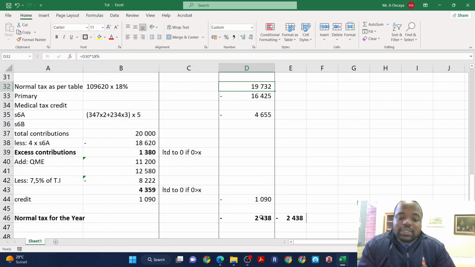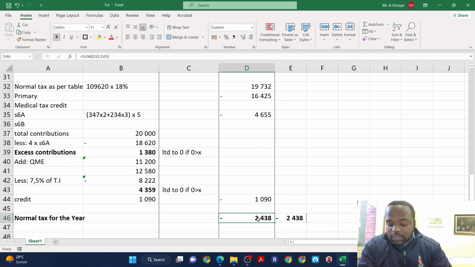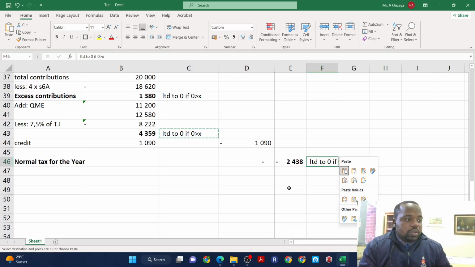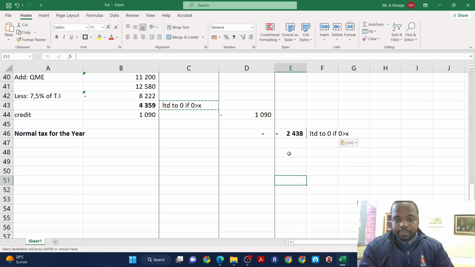When that happens, and remember we told you the tax credits and the rebates cannot create a refund, what that means is limit this amount to 0 when it's negative. Limit it to 0. So it applies here. Limit to 0 if it's less than 0. Because it was minus 2438.